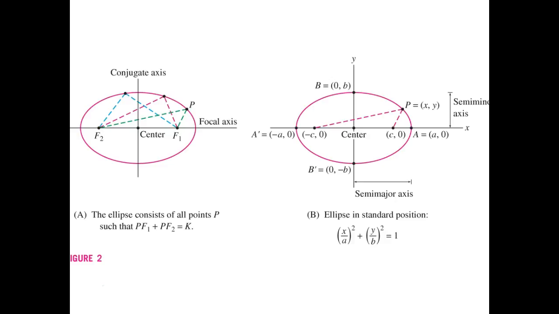Now, does that in any way look like any other formula you're used to? If the a's and b's were equal, can I give it a different symbol? Maybe r. Then x squared over r squared plus y squared over r squared would also equal 1. But if the semi-major axis is equal to the semi-minor axis, guess what we got?